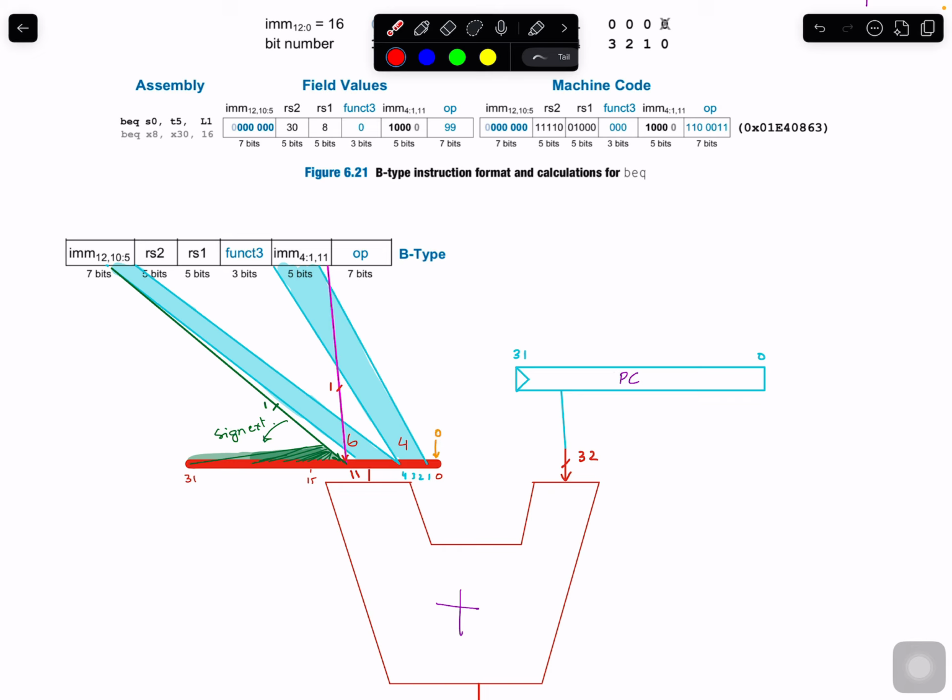So the next bits are the immediate that we are getting. What we are saving is immediate 1 through 12. We are not making it 13 bits, only 12 bits; we're just calling it that, and only 1 to 12 is stored here.